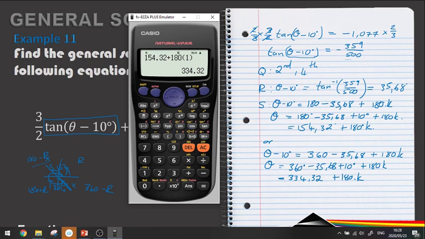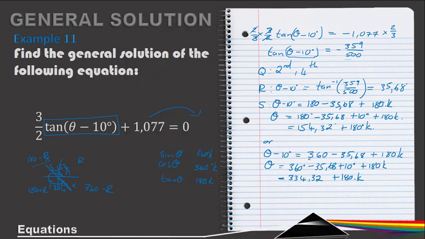So at the end of the day, I don't actually need this part over here. So I can say, therefore, my general solution is simply going to be 154,32 plus 180k. That would give me all my possible values. So this actually only applies with tan because it's got 180k, whereas with cos both would be valid, but always just test it to make sure.